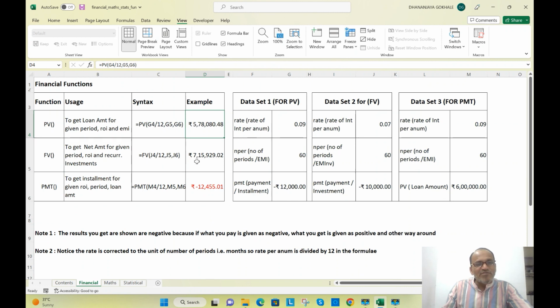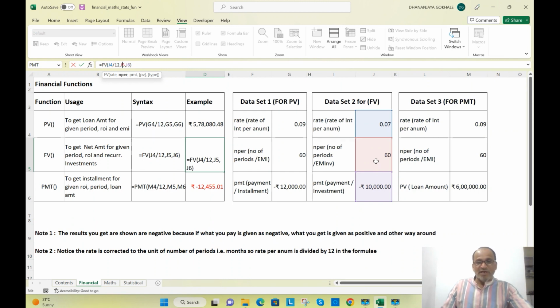This is future value. The terms used are exactly the same, so we'll come here and look at the first term, which is the rate of interest. Here you can see 7%, so we divide it by 12, put a comma, and the next one is the period. Here it is also 60 months.